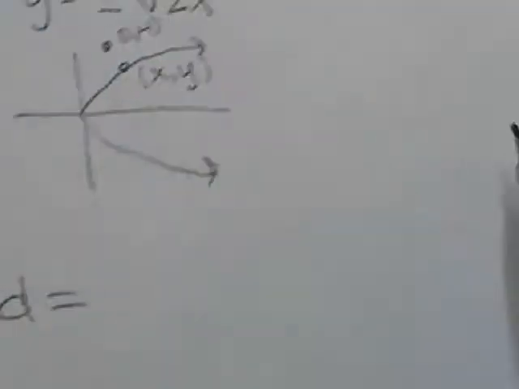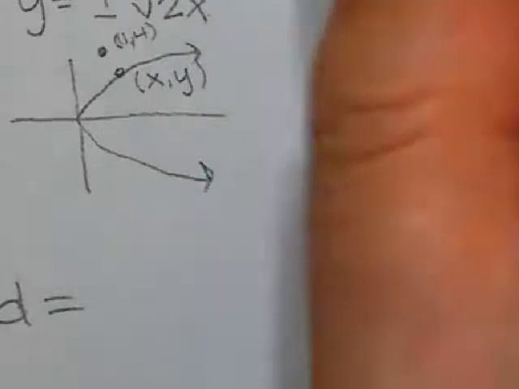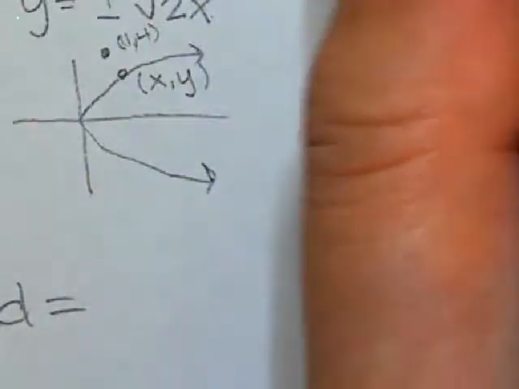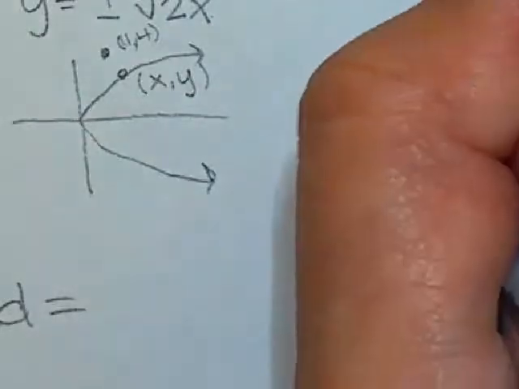So if we're talking about x2 minus x1, let's say we have 2 points, right? We have (x, y) and we have (1, 4).